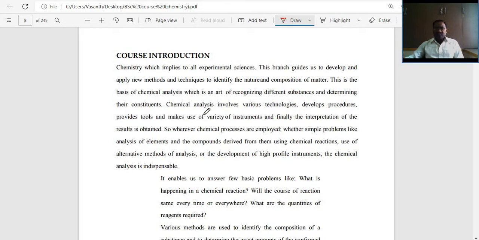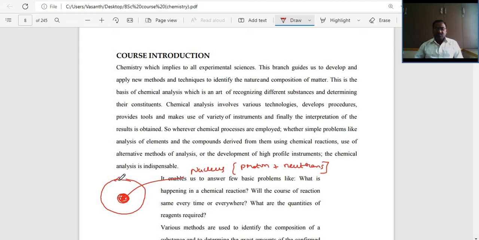We consider the structure of these atoms. It is spherical in shape. At the center there is a nucleus. It consists of protons plus neutrons.